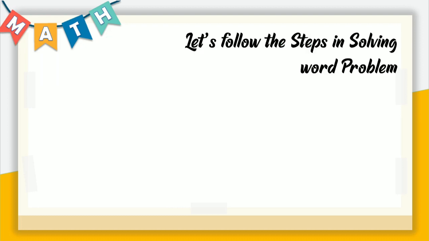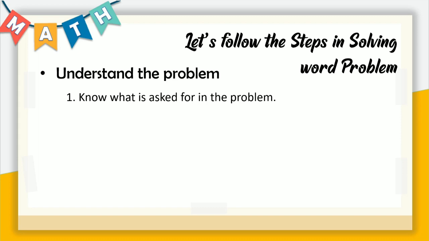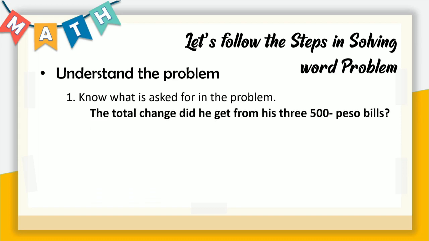Let's follow the steps in solving a word problem. First is understand the problem. Know what is asked in the problem. The problem is asking for the total change he got from his 3 500 peso bills. What are the given facts?